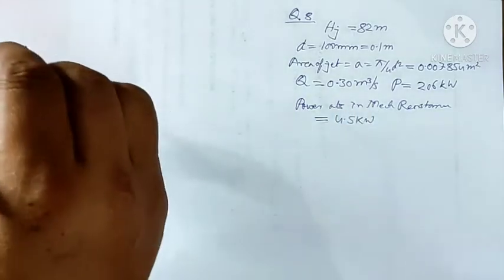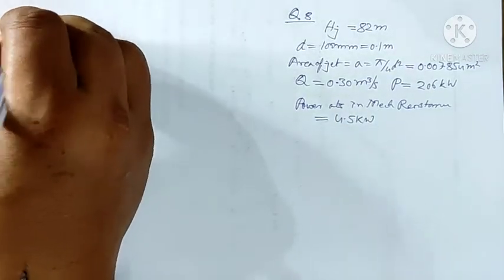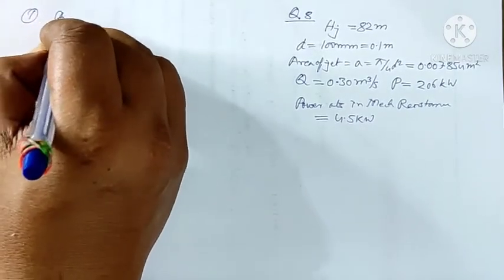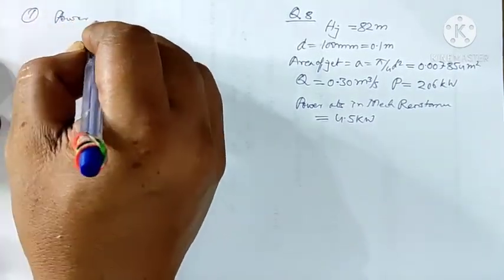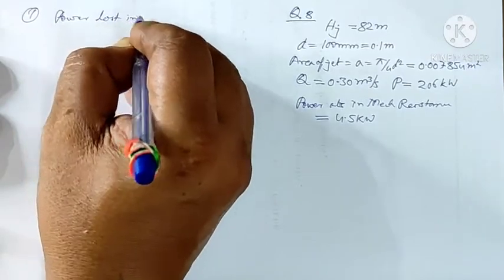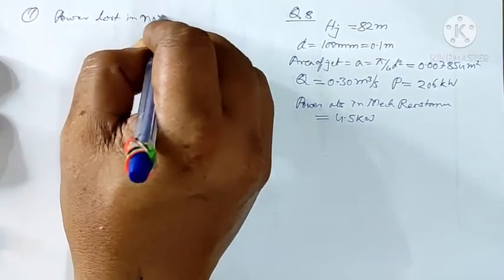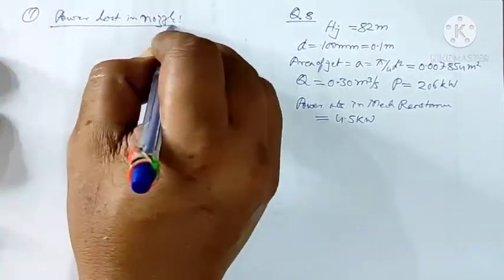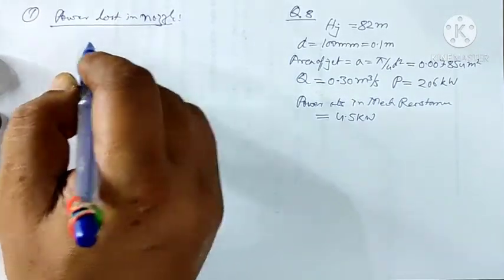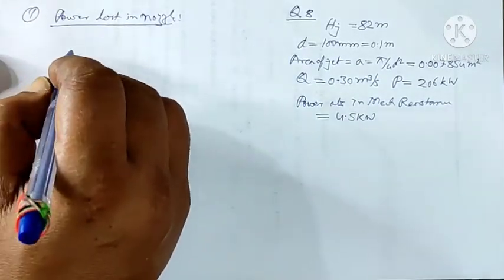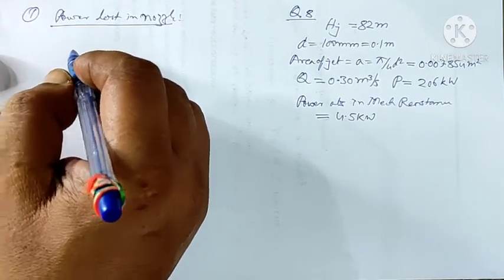So first we will try to find out the power lost in the nozzle. So first we will find out the velocity of the jet.